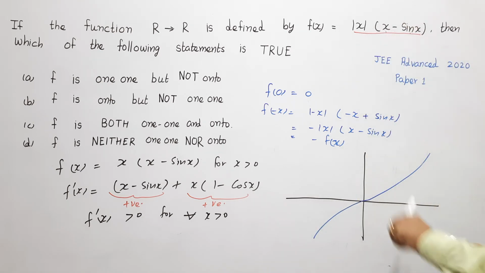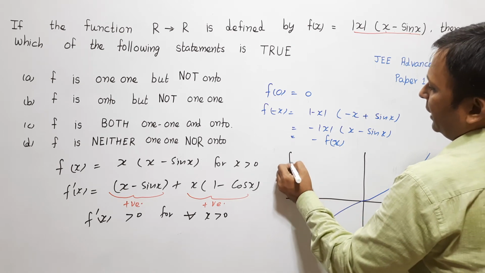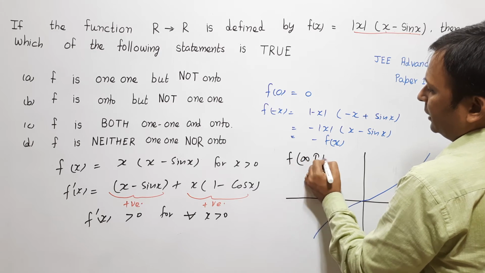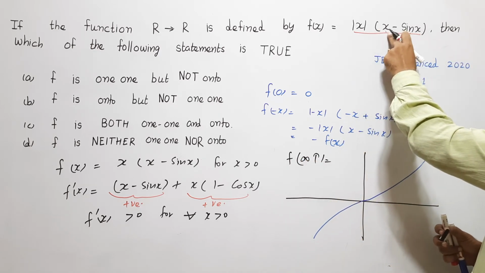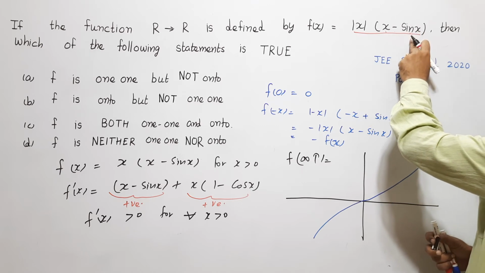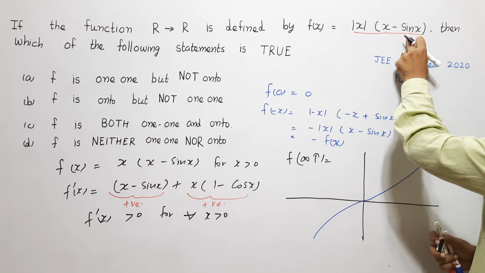So as a result, this whole thing will always be a continuous function. Secondly, when x approaches infinity, obviously this whole function will also approach infinity, because sin x is always between −1 and 1.